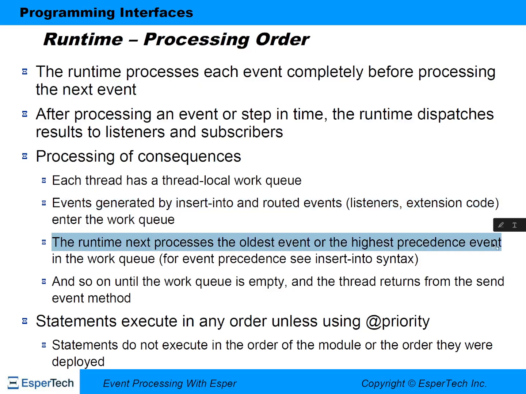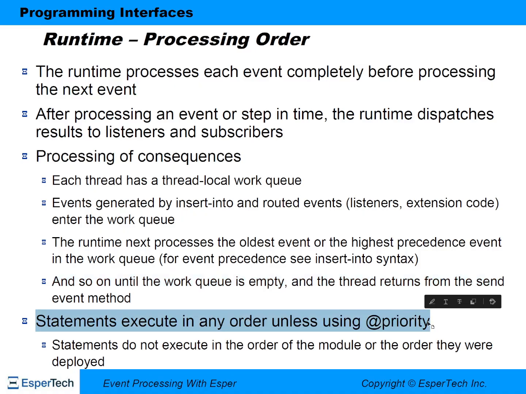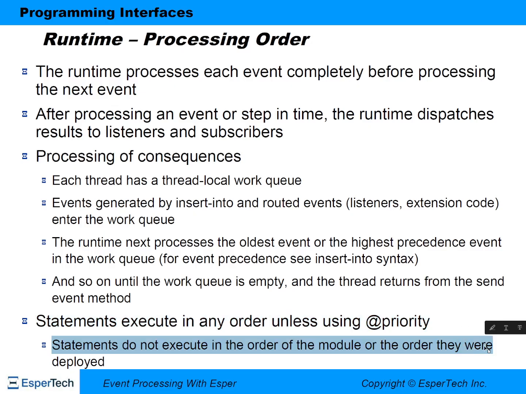The runtime next processes the oldest event or the highest precedence event in the work queue. For event precedence, see insert into syntax. And so on until the work queue is empty, and the thread returns from the send event method. Statements execute in any order unless using the @priority annotation. Statements do not execute in the order of the module or the order they were deployed.